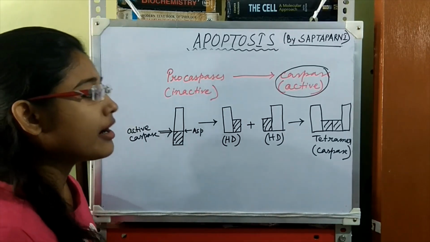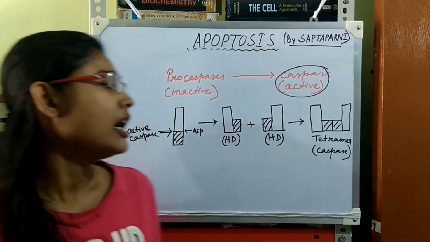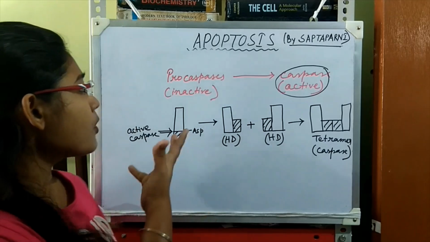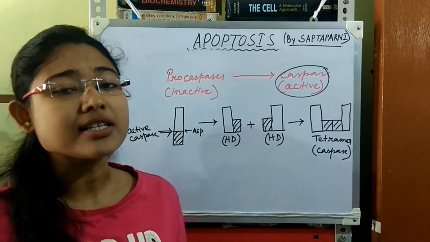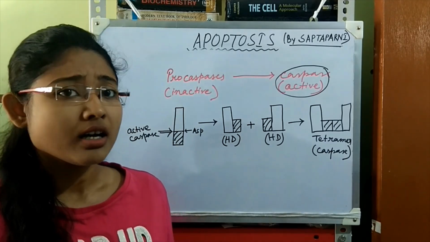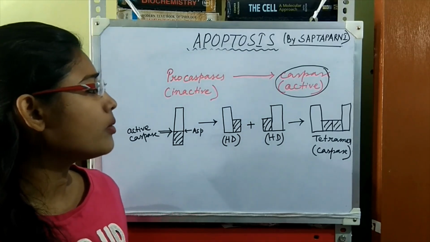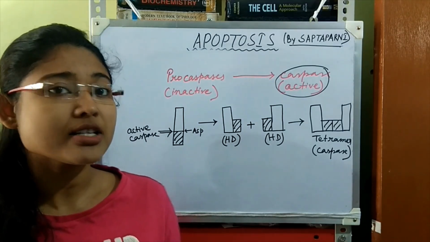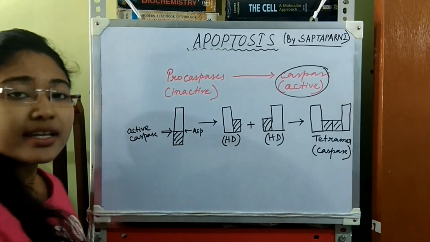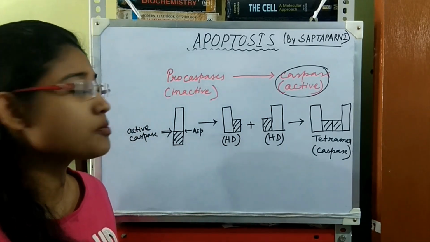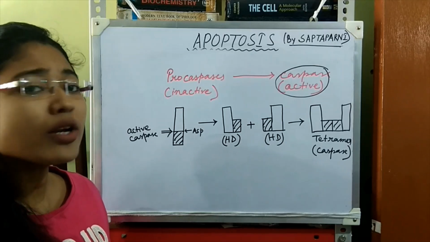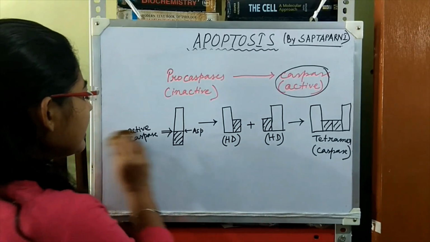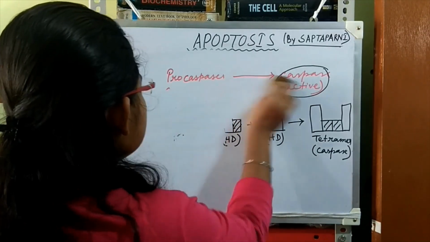Now, one question may arise in your mind: how does the initiator procaspase get cleaved and converted into an initiator caspase? Because at that time, there is no active caspase to cleave it. So, how does that happen? Let's see.